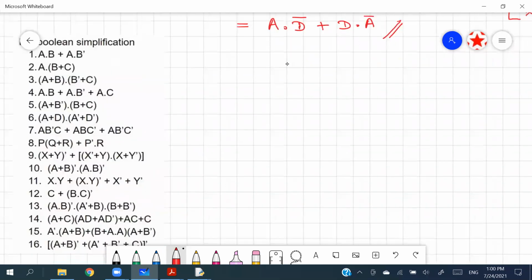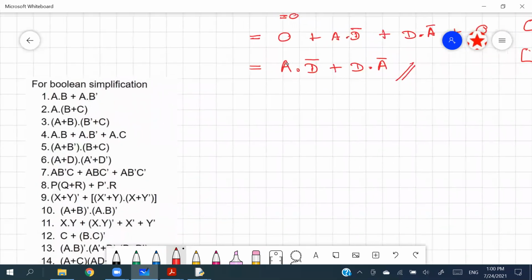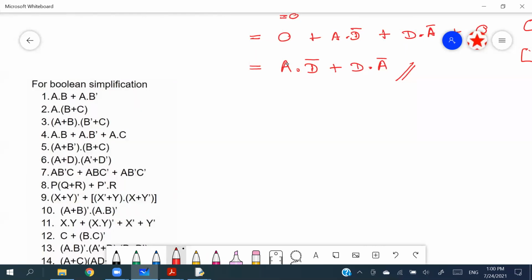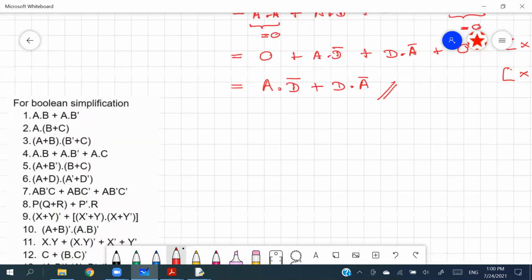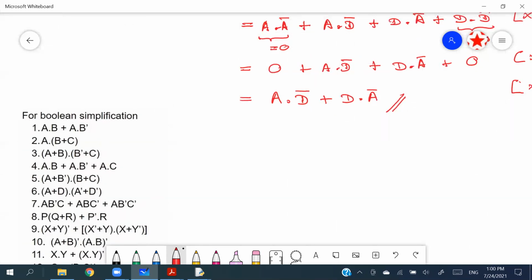All right, so I'm going to do the seventh question. If you are still not getting this, you can ask any question regarding this. So here comes the seventh question.